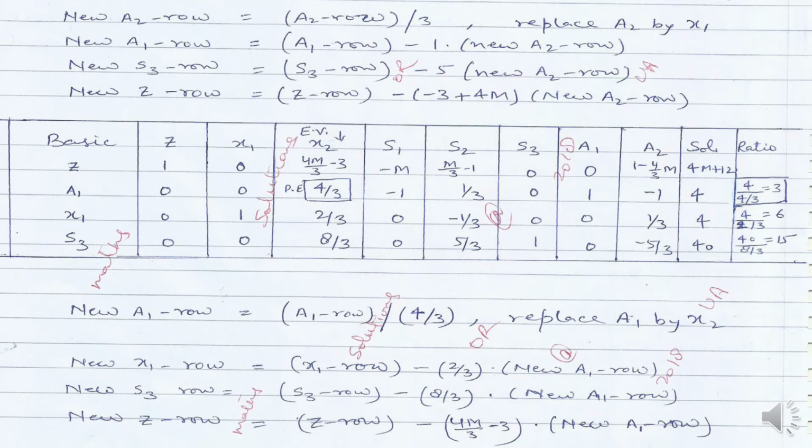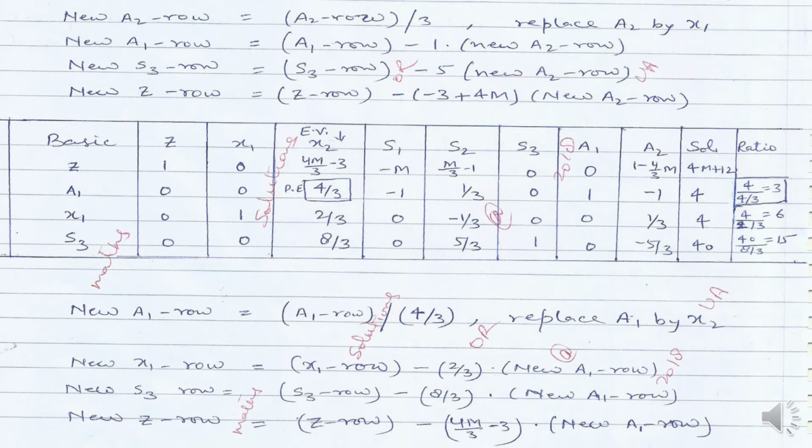The a1 row is a1 row minus 1 into new a2 row. 1 is the element in the pivot column corresponding to a1, a1 row is the earlier row from the previous table, and the new a2 row element is whatever we got after dividing by 3.